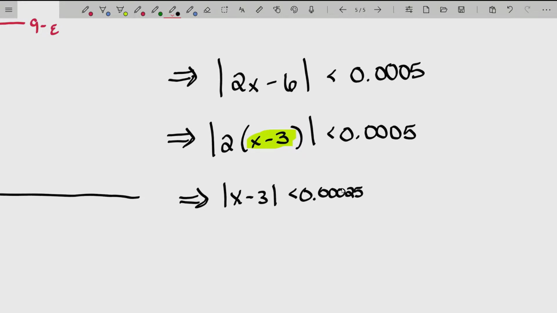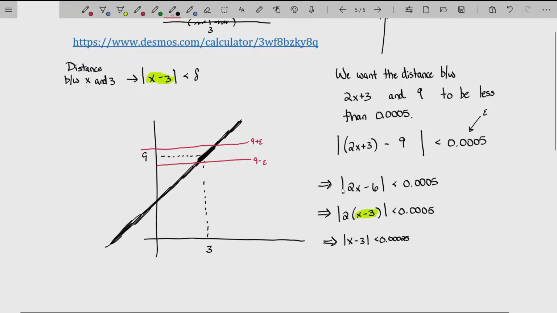That's half of 5 is 2.5. We still have 3 zeros in front of it. So notice this inequality right here is identical to this inequality, with the exception that we didn't know what that was. We now do know what it is.